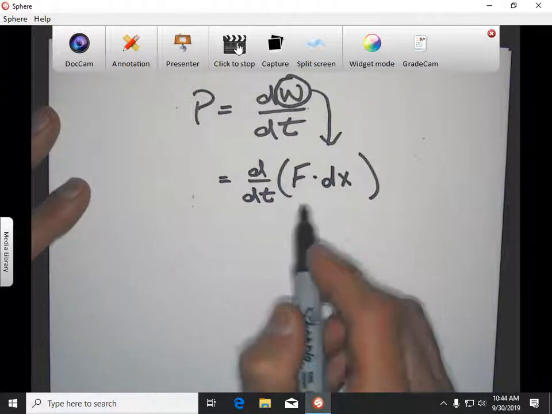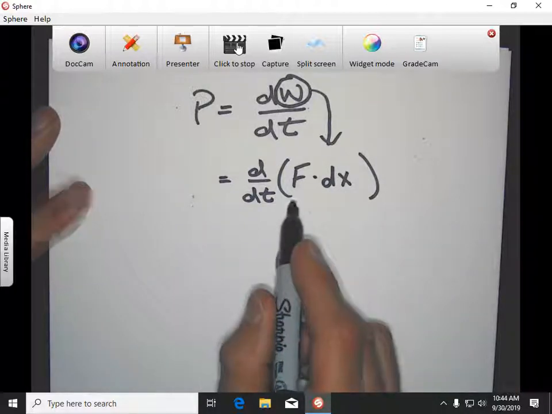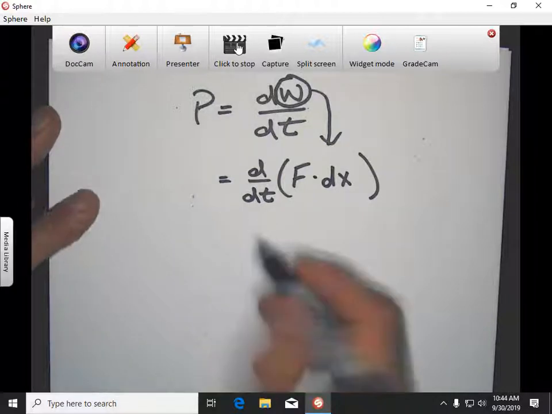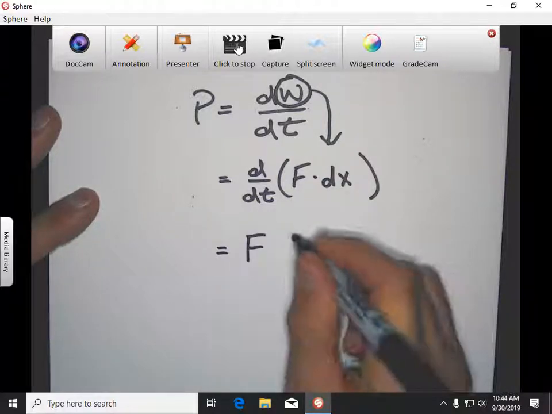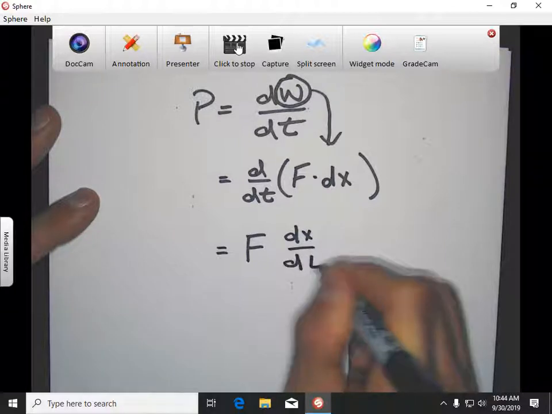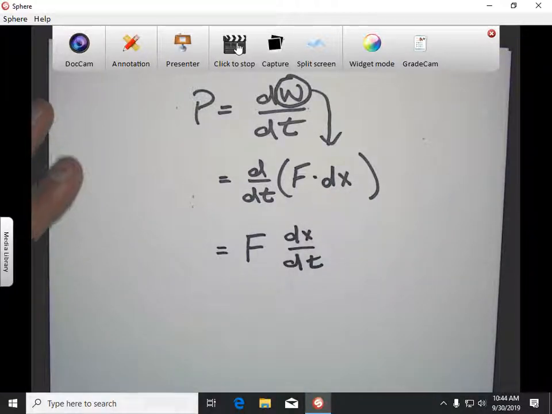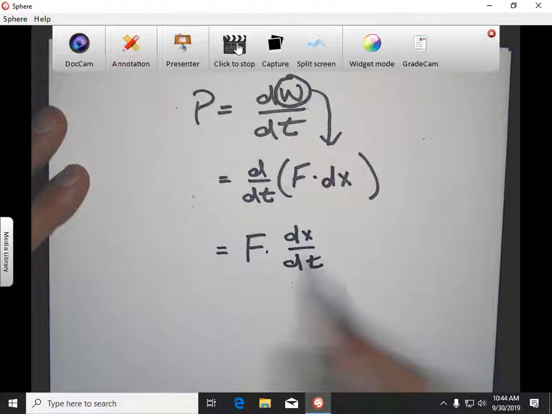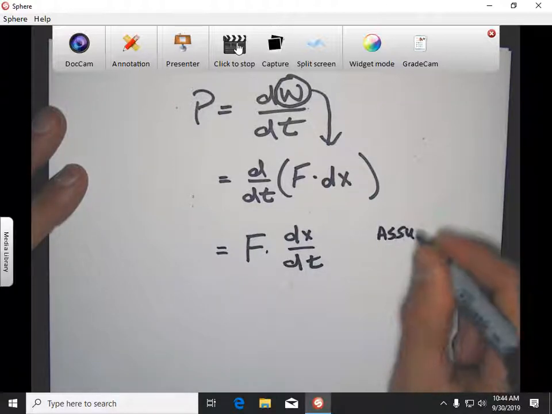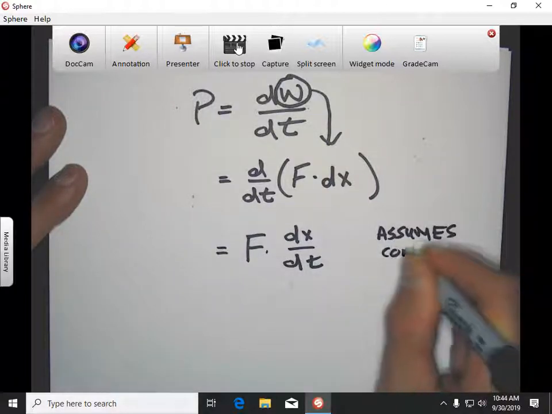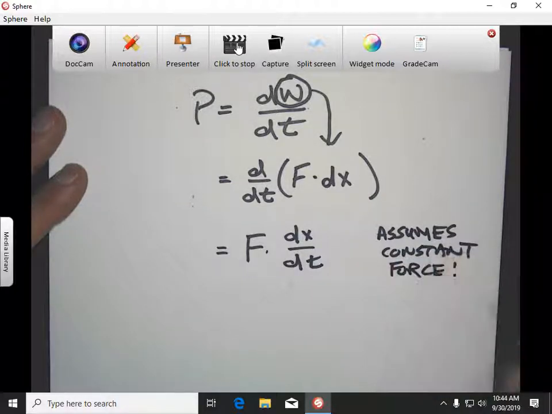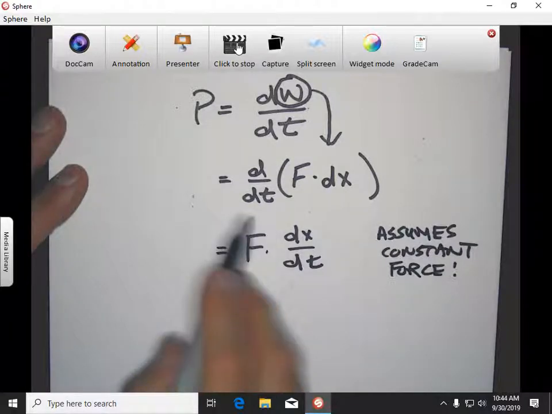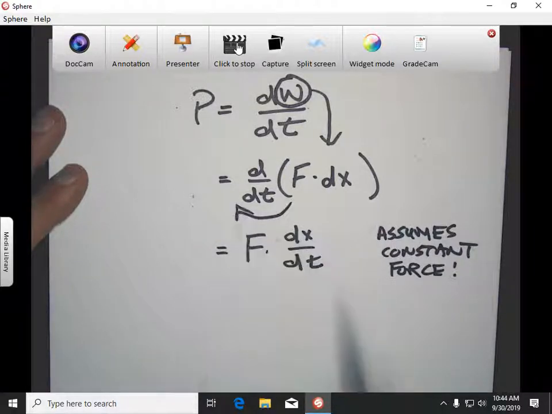The reason that I write it that way is because you can actually factor out the force. As long as the force is not changing with time, it comes out as a constant. And the derivative acts just on the dx. Okay? So let's just write this, that we assume that you have a constant force. That's important because that allowed us to pull that force out in front.